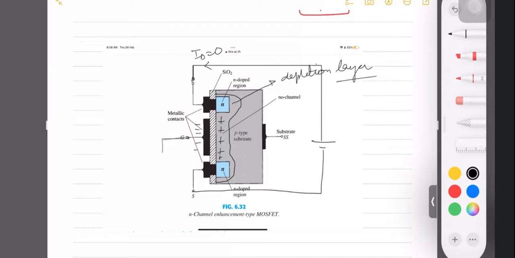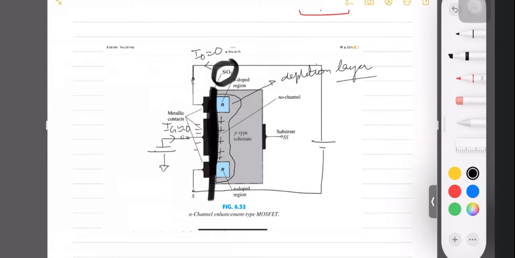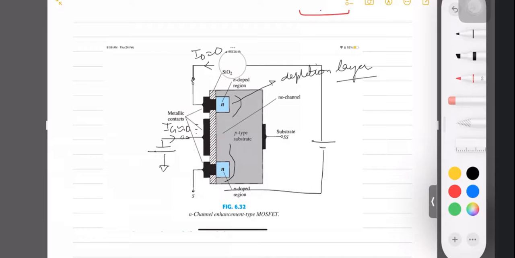And if I apply negative, what is gate current? 0. क्यों? Because of this, we have an insulator here, है ना? हमारे पास क्या है?